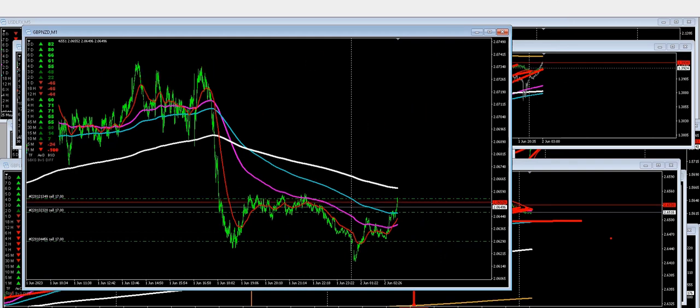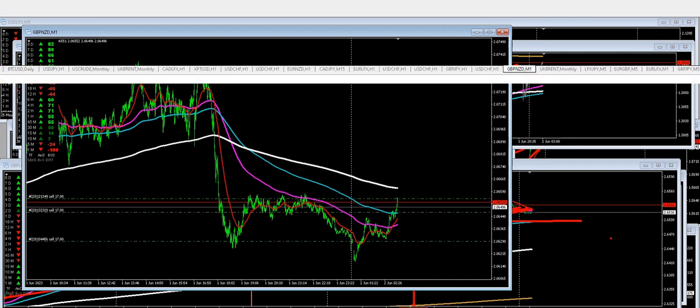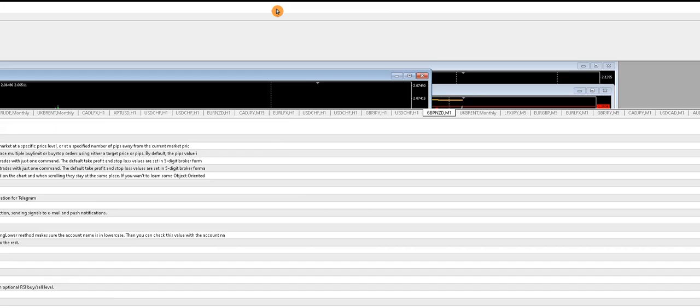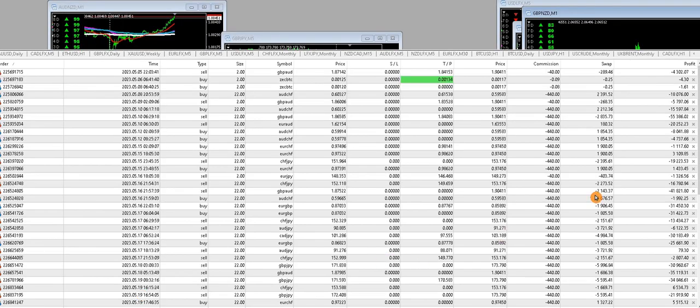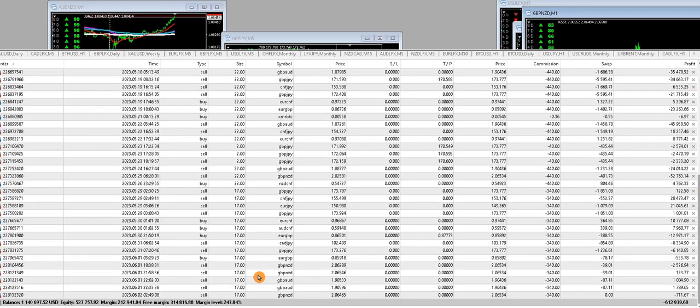Oh, there's one more thing we have to do. Let's take a look at our account, how we're doing here. We're at 1.1 million and 600,000 in the red.